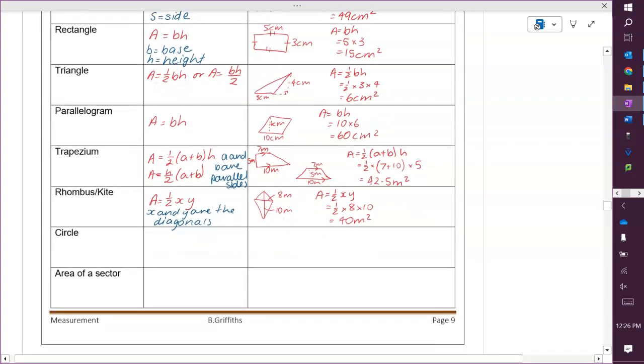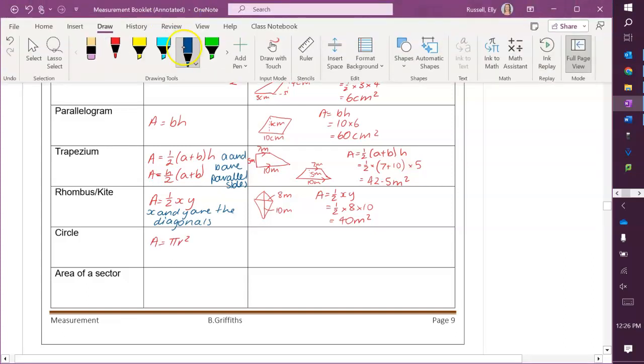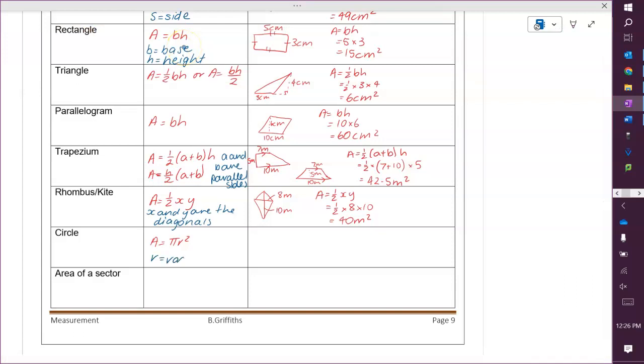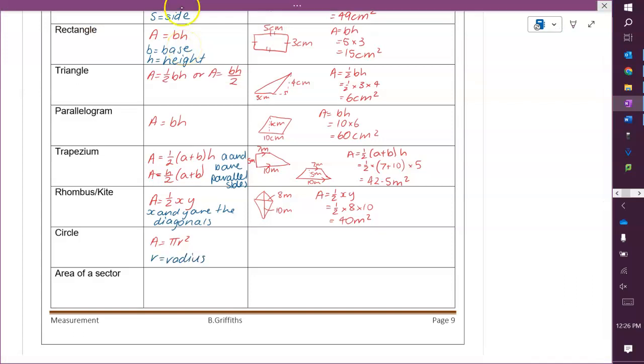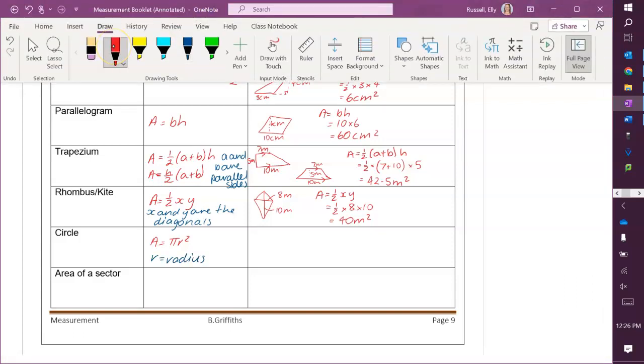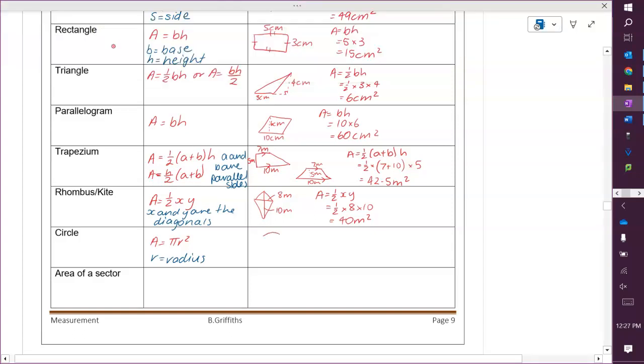Two to go, we have a circle. So area equals pi r squared. We know that r is our radius. And pi is obviously 3.14, but we need to use that button on our calculator. So if we have our circle, we have our radius, from the centre.